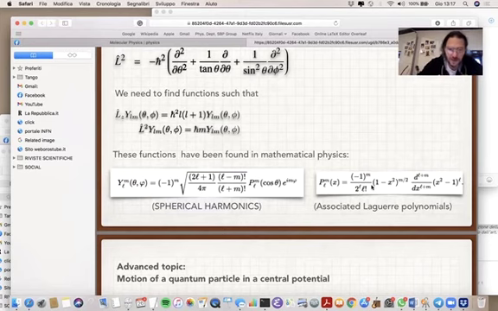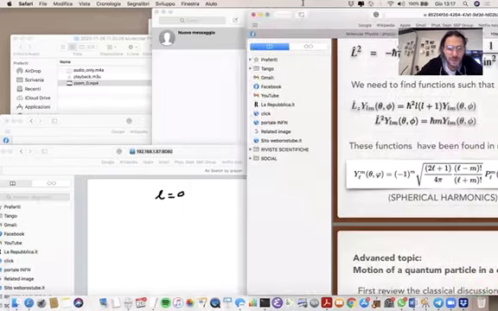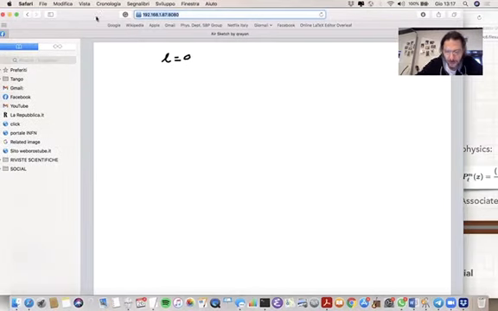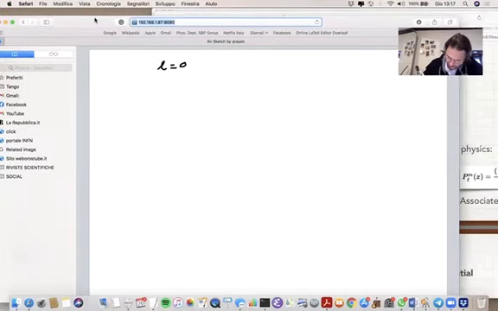So let's take some examples. I'm going to write it here and show you. Let's say n is equal to 0. Then clearly, if L is equal to 0, M must be equal to 0, because M, remember, goes from minus L to L, and if L is equal to 0, M must be 0.